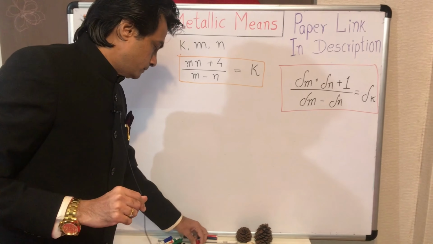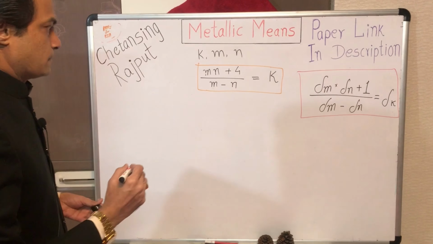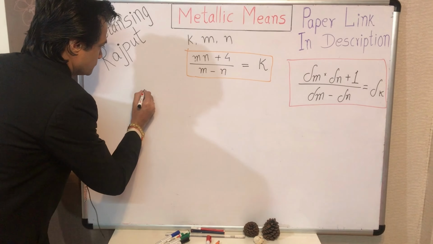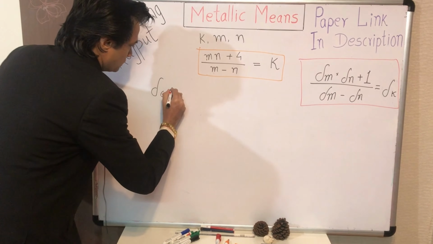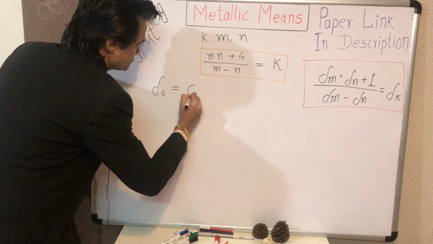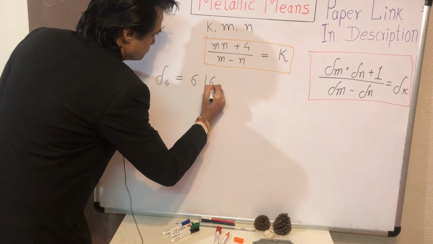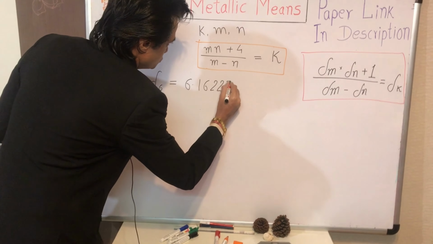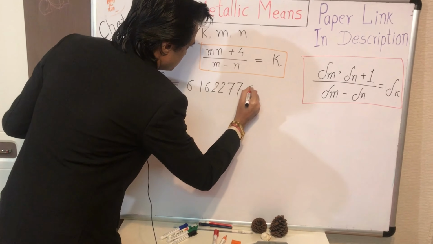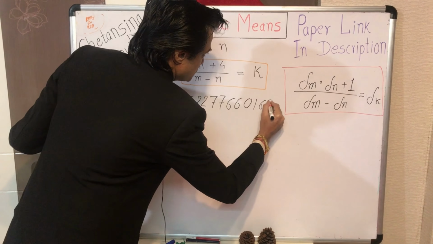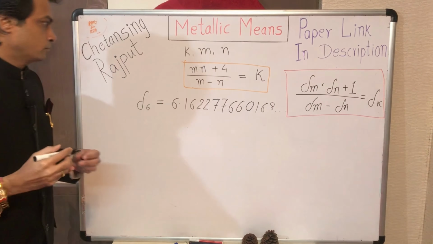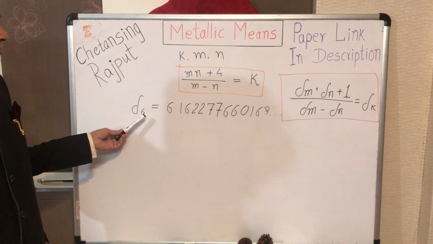Let me elaborate. For example, let us consider the sixth metallic ratio, delta 6. Its numerical value is 6.16227660168 and so on.